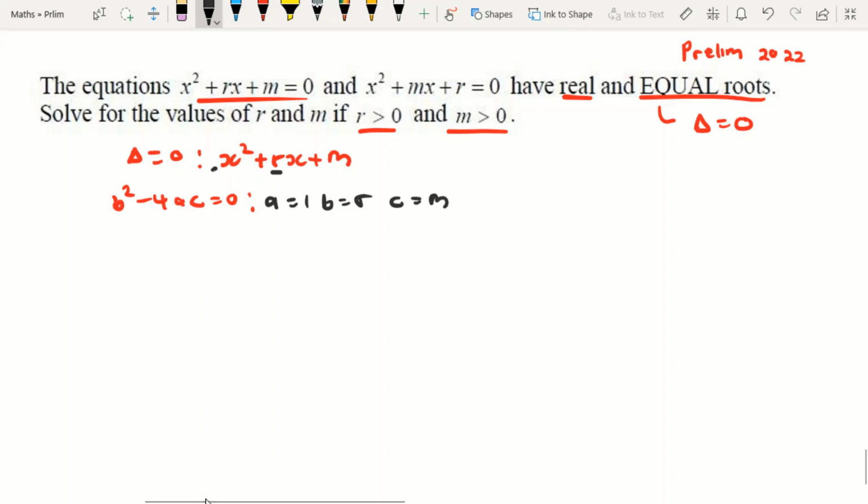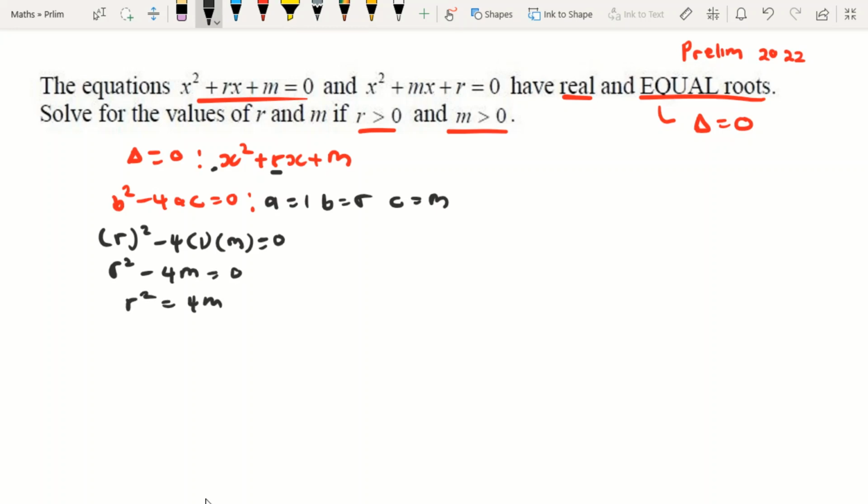So I'm going to substitute: b is r, so r squared minus 4 into 1 and into m equals 0. So it's r squared minus 4m equals 0. r squared equals 4m, divided by 4, m equals r squared over 4. Say this is equation 1.